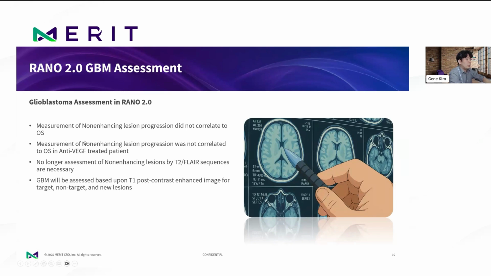And a lot of researchers in the RANO working groups are realizing the non-enhancing lesions are actually not directly correlated to the overall survival, even in the settings of the anti-VEGF, and could also complicate the assessment. So for glioblastoma it is now recommended that it will be assessed based upon the T1 post-contrast enhancing images, target and non-target and new lesions, and then T2 FLAIR sequences are not needed to be assessed.